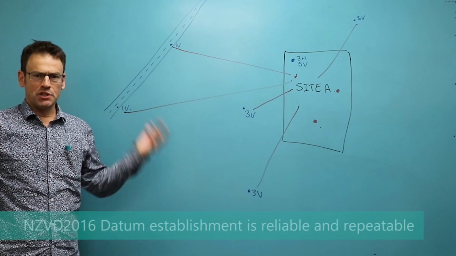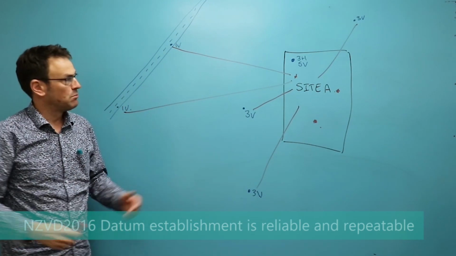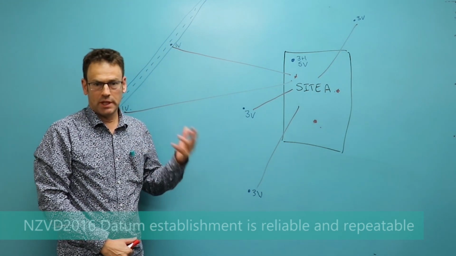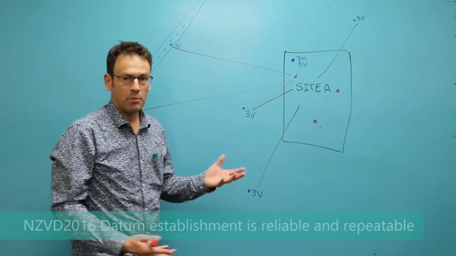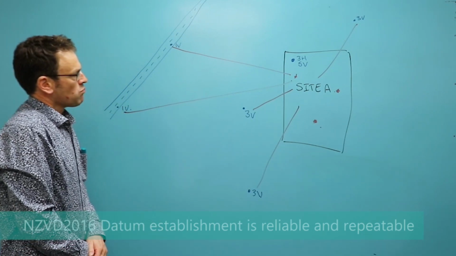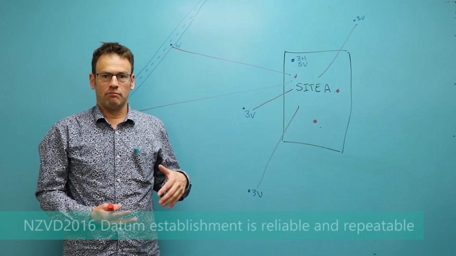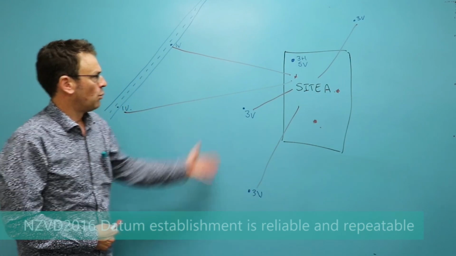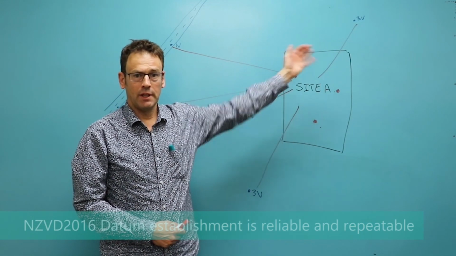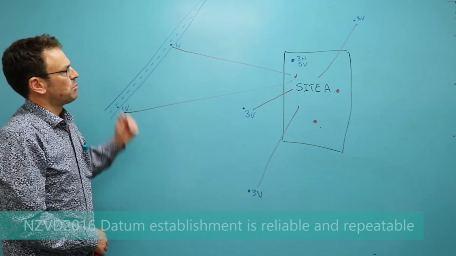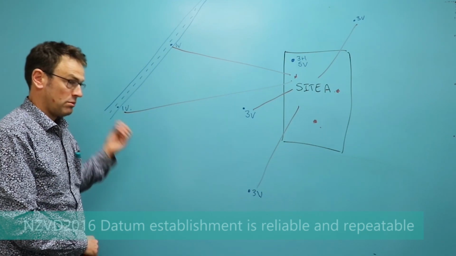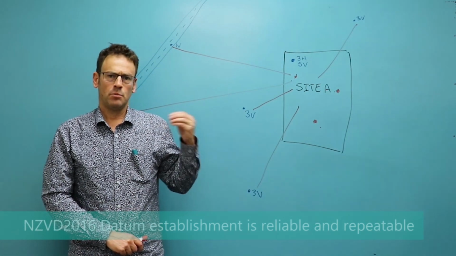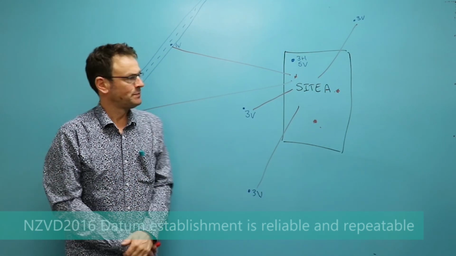Now, any one of those scenarios has played out in projects I've worked on, and arguably all are equally valid, depending on the scope. But they all derive a different result, and they are all dependent on which marks you find out there. And this is the problem we did face when relying on the old underlying benchmark and height network.